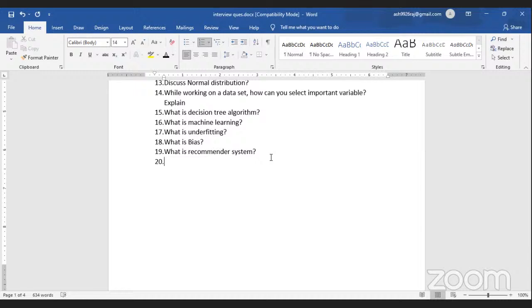It works on collaborative and content-based filtering, or by a personality-based approach. This type of system builds a model from a person's past behavior to predict the future. That is called a recommender system.